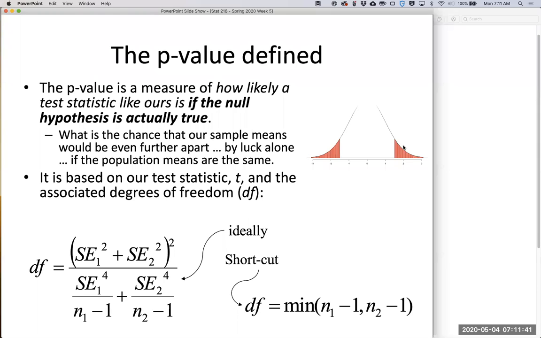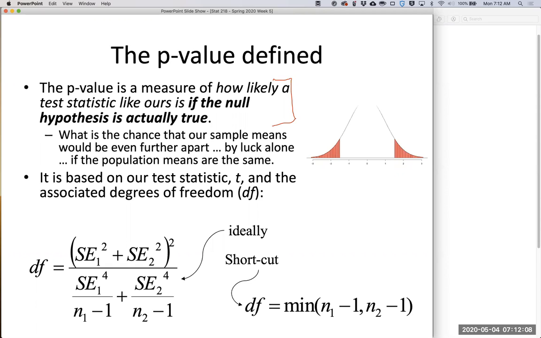Well, we need to do a calculation of what we're going to term the p-value. That's based on degrees of freedom, like before, or you could just use the shortcut like we've talked about. The p-value is a measure of how likely we'd see data like what we did see if the null were true.